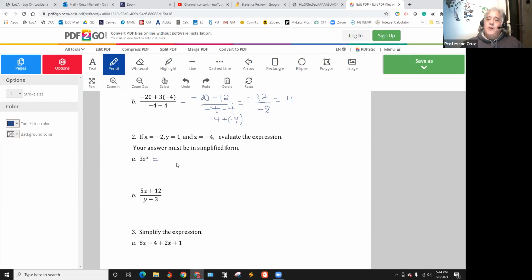What are we going to do here? See, we got some values up there, and they tell us that x is -2, y is 1, z is equal to -4. So this a, the first one, we're going to use what? -2.